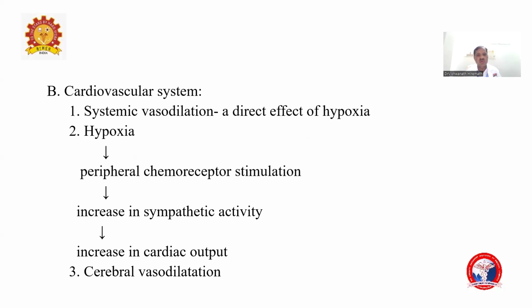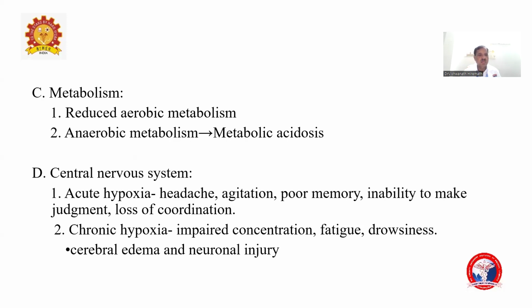In the cardiovascular system, there is systemic vasodilation, a direct effect of hypoxia. Peripheral chemoreceptor stimulation increases sympathetic activity, leading to increased cardiac output and cerebral vasodilation. Metabolism: reduction in aerobic metabolism, anaerobic metabolism sets in, leading to metabolic acidosis.